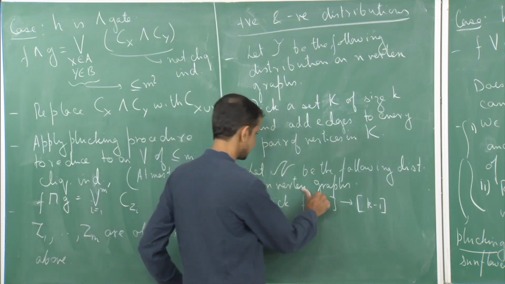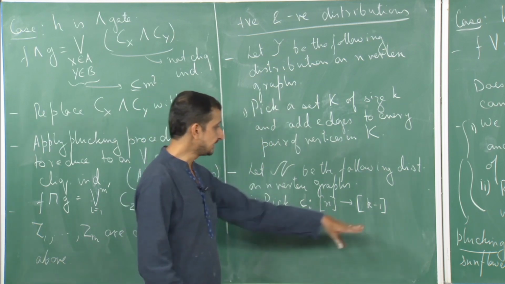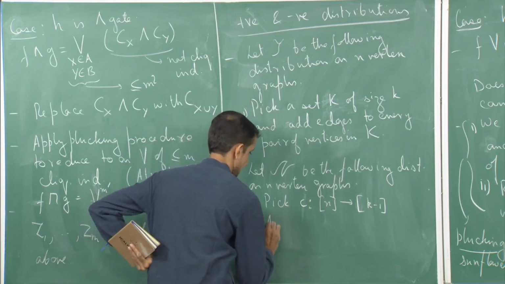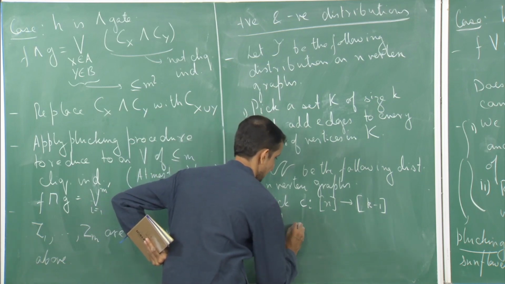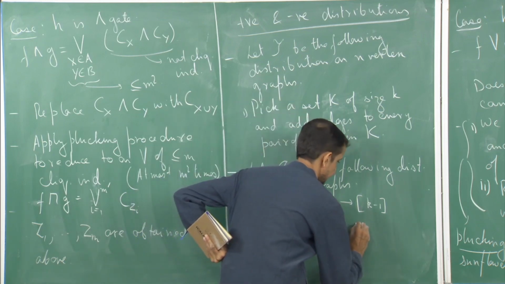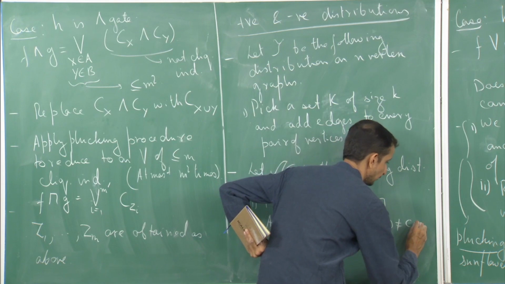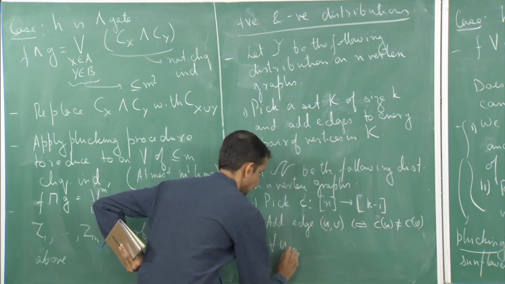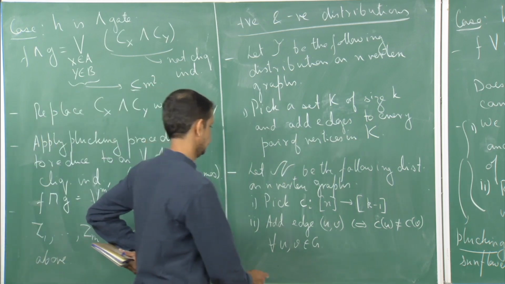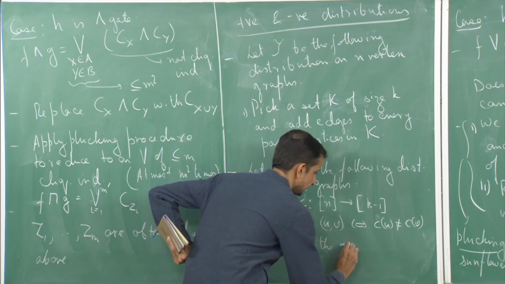Let me call it C. So, C is a function assigning k minus 1 colors to the vertices, and now add edge uv if and only if C of u is not equal to C of v, for all u comma v in the graph.